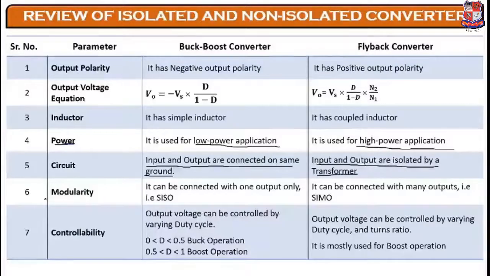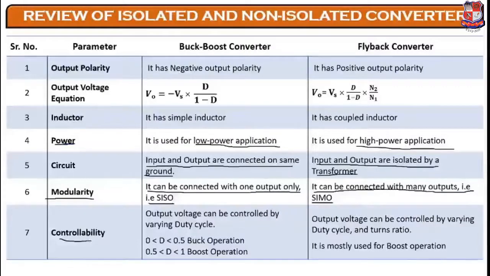In terms of modularity, modularity means how many outputs can be connected to a single input. Over here it can be connected with one output only, that is SISO, single input single output, whereas the flyback converter, as discussed in the starting, has multiple outputs that can be connected, hence it is single input multiple output.